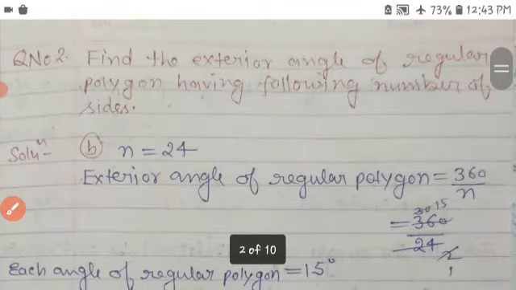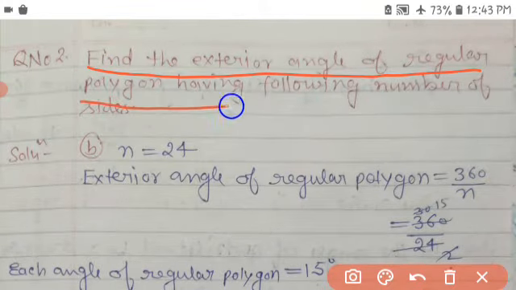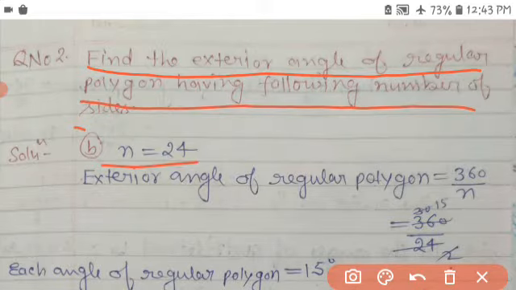Question 2. Find the exterior angle of a regular polygon having the following number of sides. N is equal to 24.